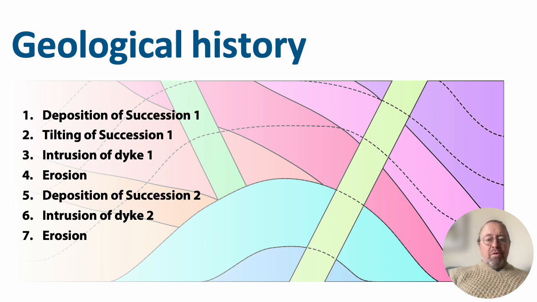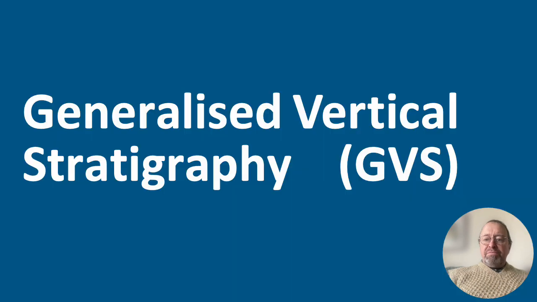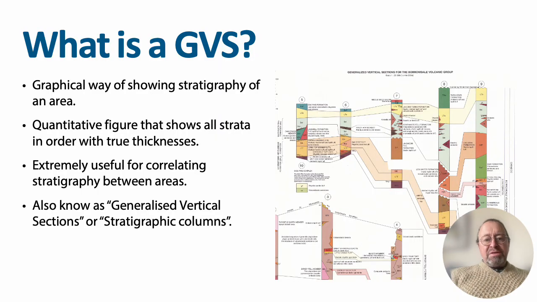So once you've got your brain around that and decided which is the oldest and which is the youngest, you can visualize this using a generalized vertical stratigraphy, which I'm going to be asking you to do with some of the maps you're going to be dealing with over the next few weeks. They are sometimes more complicated than what you're going to be doing on real geological maps, but they are a way of summarizing, showing the stratigraphy in a simplified form.